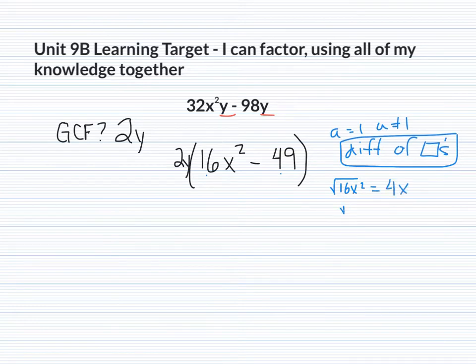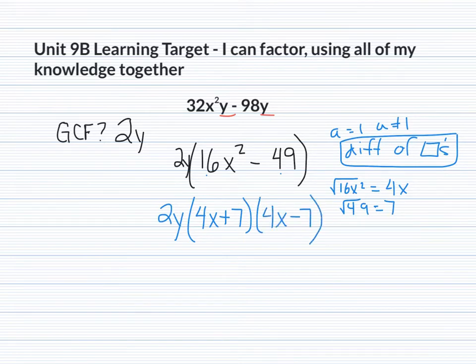The square root of 49 is 7. So this is going to break into 2y times 4x plus 7 times 4x minus 7. Okay, and we're done. So that's a pretty straightforward, easy problem once we get that GCF out.